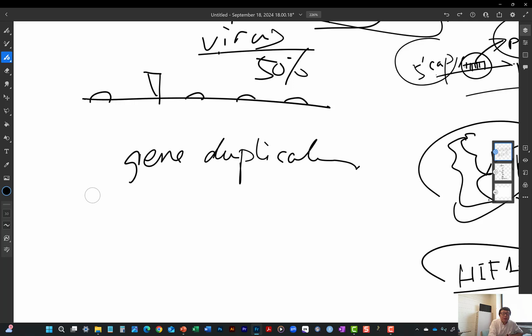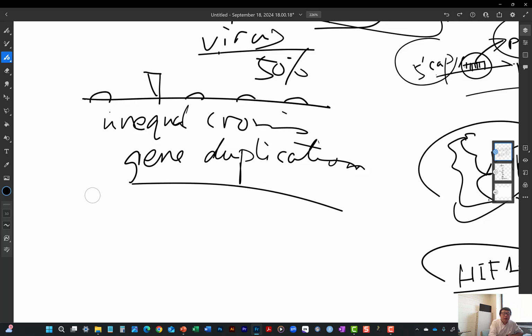So I have an illustration in the slides you can read, but keep in mind, these two duplications will lead to unequal crossing over. And unequal crossing over will cause a gene duplication. One of the chromosomes carries two copies of the same gene. And when you have two copies of the same gene, think about it.